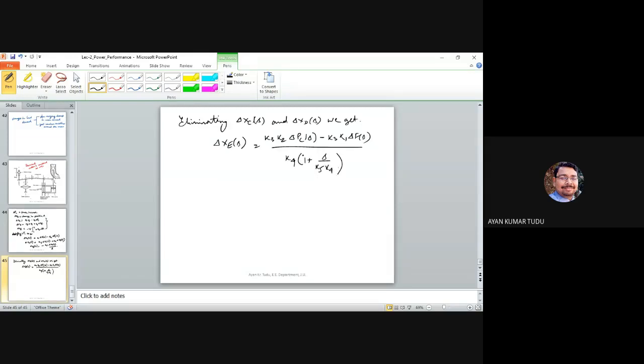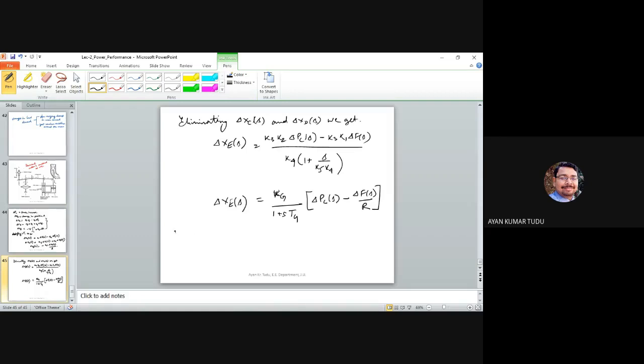If we solve this, what is the expression that we'll be getting? We'll be getting Kg, very important, Kg by 1 plus sTg, into delta Pcs minus delta fs by R. So this is our delta Xcs.